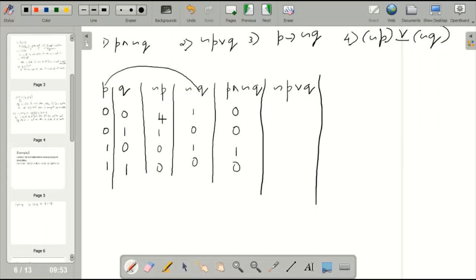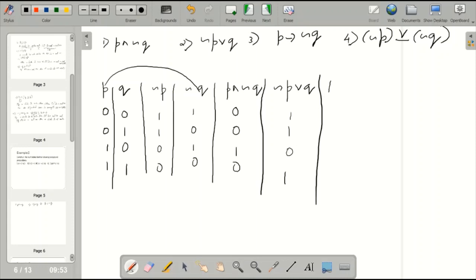So see negation P or Q: 1 or 0 will always give you 1. 1, 1 also will give you 1. 0, 0 will give you 0. And 1, 0 also will give you 1. So this is the value of negation P or Q.